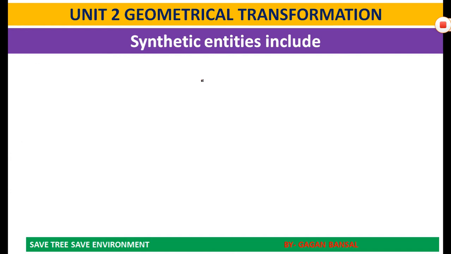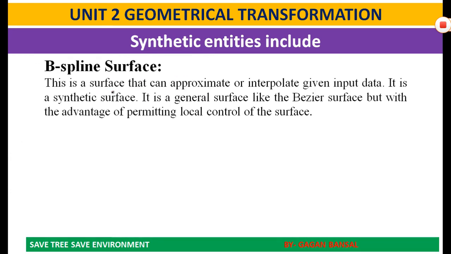Next is B-spline surface. This is a surface that can approximate or interpolate the given input data. It is also a synthetic surface. It is a general surface like the Bezier surface, but with the advantage of permitting local control over the surface. This is the biggest advantage of B-spline surface, that it has local control of the coordinates and the surface, which is not in Bezier.